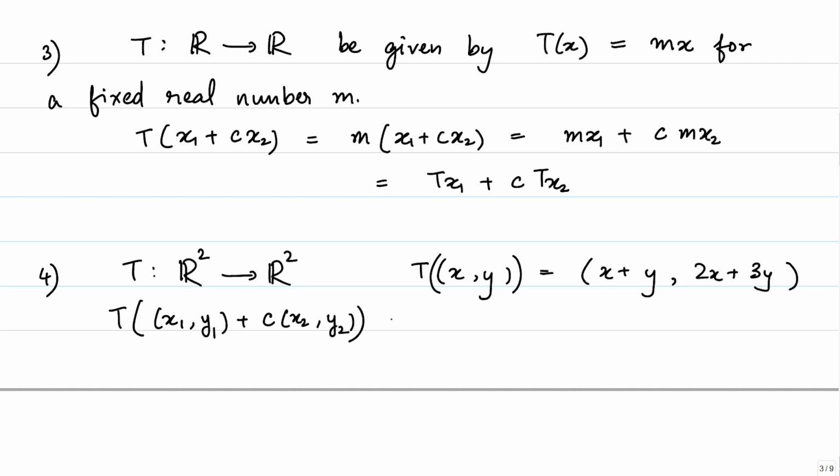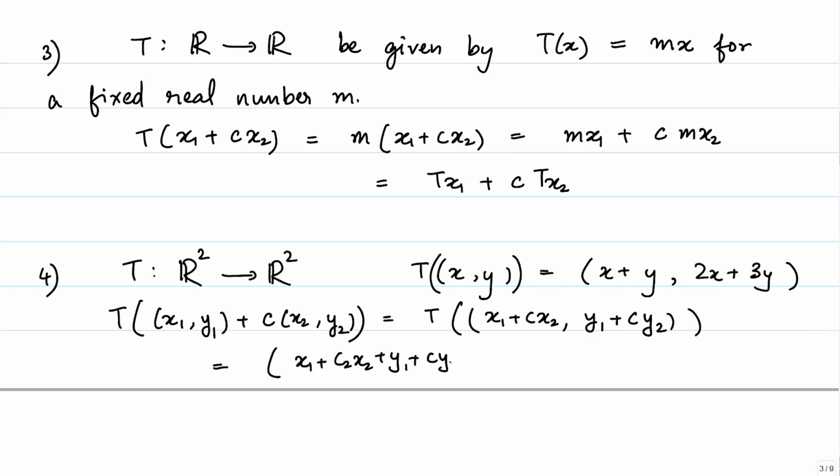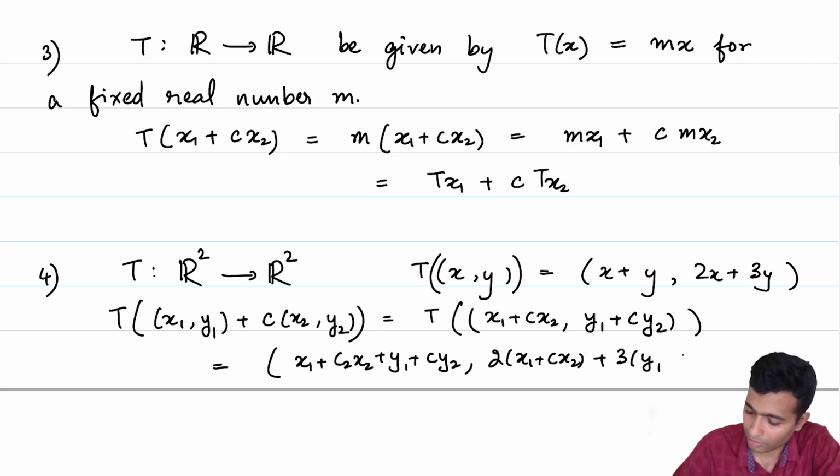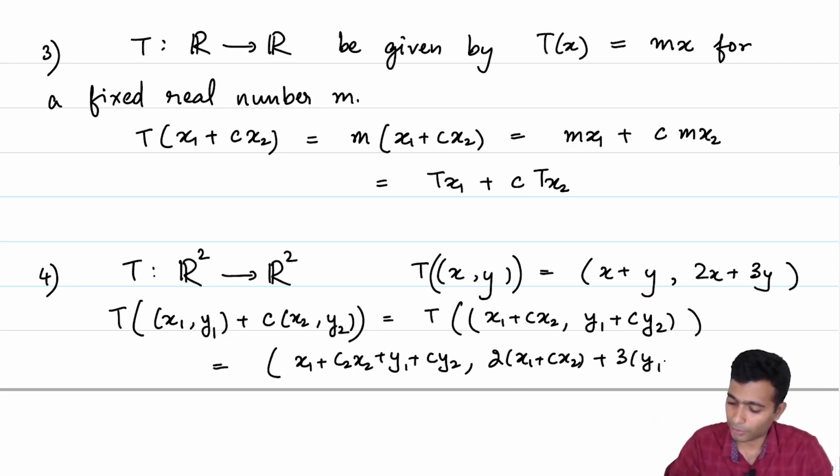So this is equal to, what would it be equal to? This is equal to T of x1 plus cx2 comma y1 plus cy2, which is equal to x1 plus cx2 plus y1 plus cy2 comma 2 times x1 plus cx2 plus 3 times y1 plus cy2.